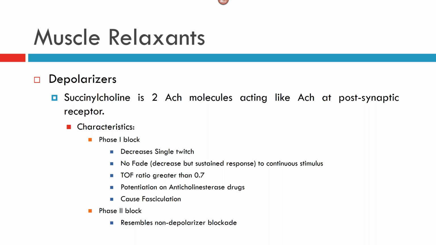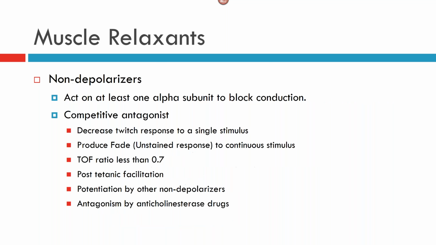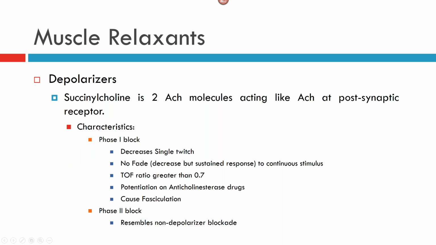The train of four ratio will be greater than 0.7, and potentiation by an anticholinesterase drug can also be present. Succinylcholine also causes fasciculation.